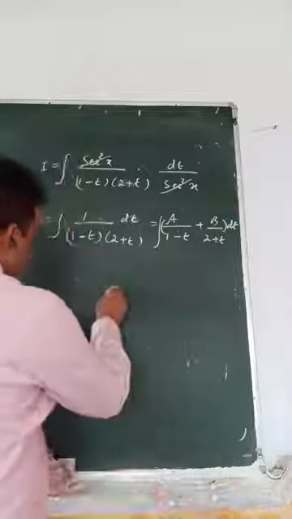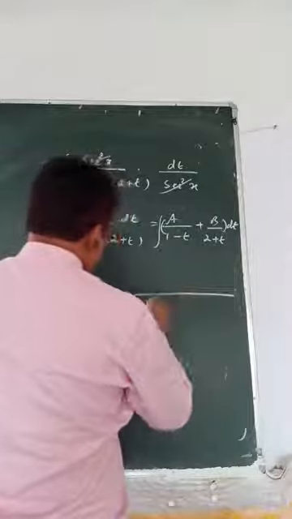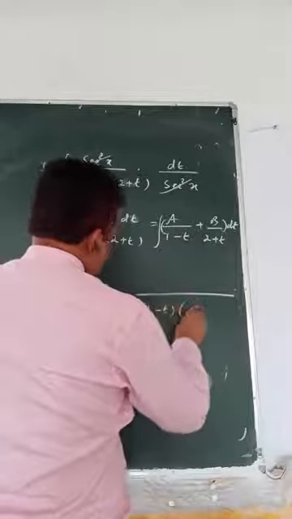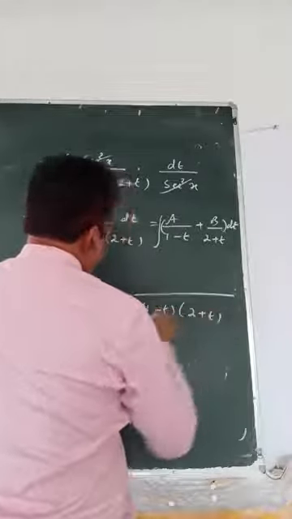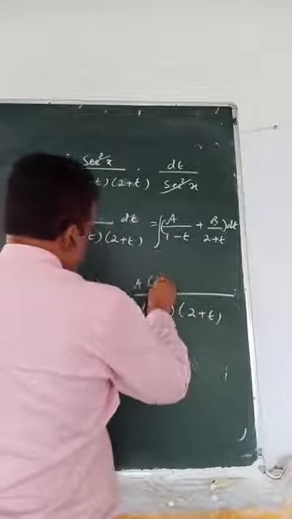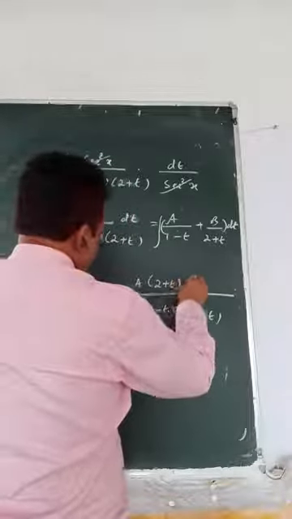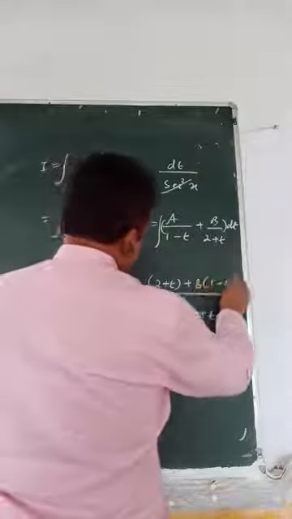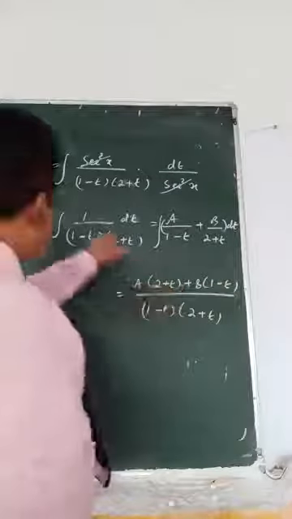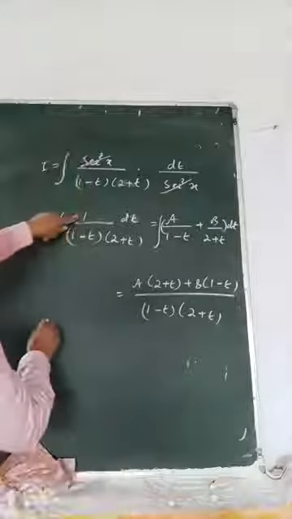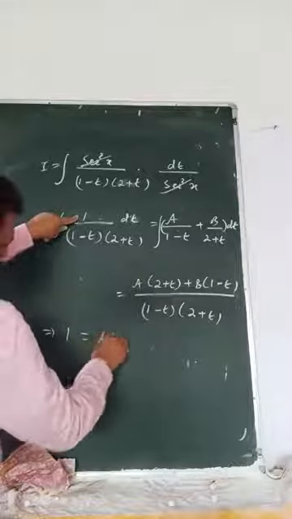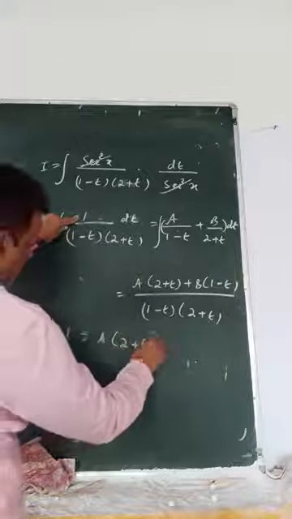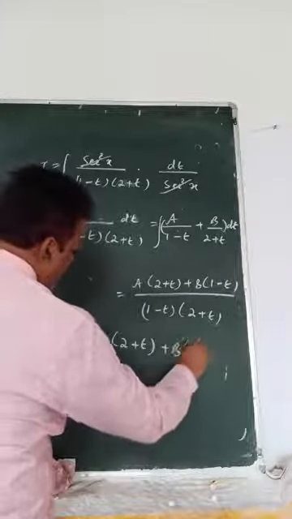So we take the LCM. 1 is a into 2 plus t plus b into 1 minus t.